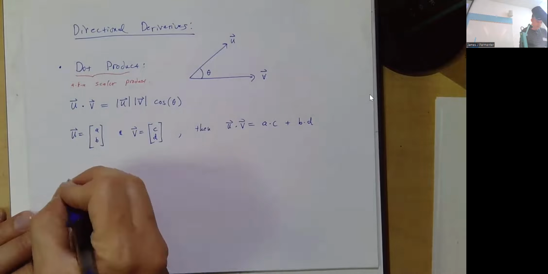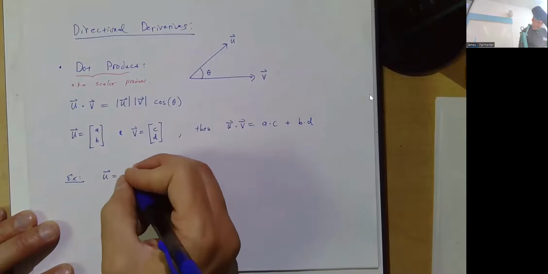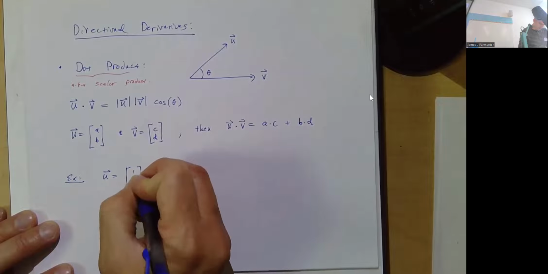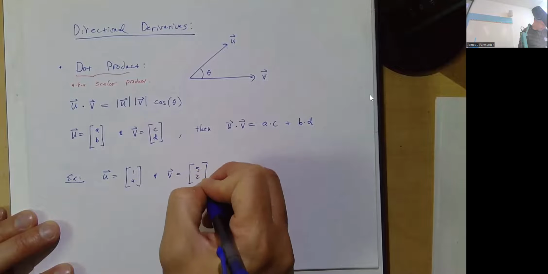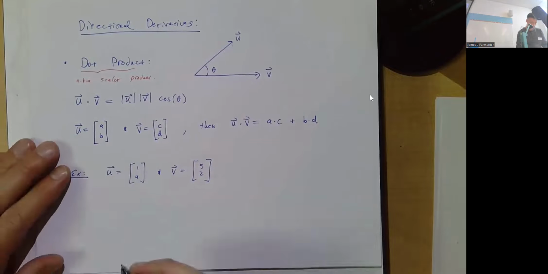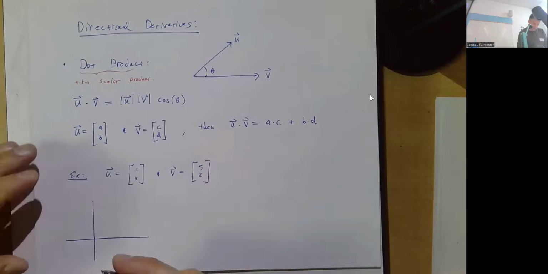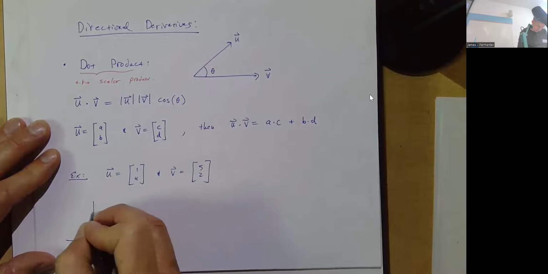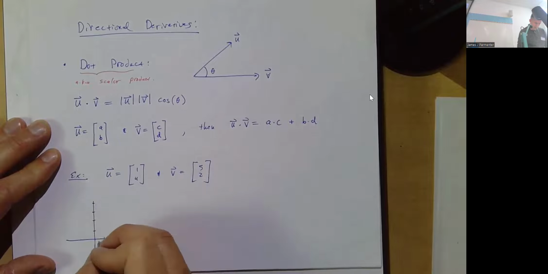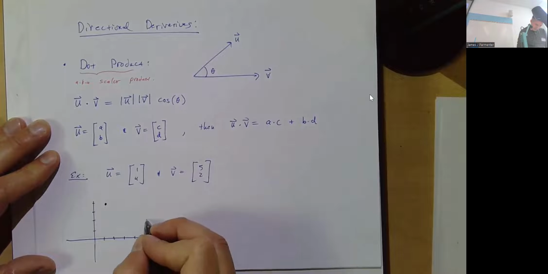So for example, if my vector u is, say, the vector 1, 4, and v is the vector 5, 2, I could draw them. It's not hard to draw them. 1, 2, 3, 4, 5. So u looks like over 1 and up 4. V looks like over 5 and up 2.